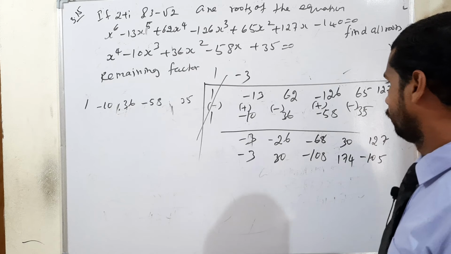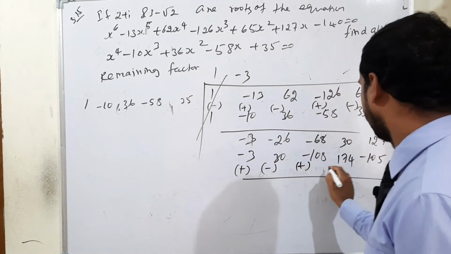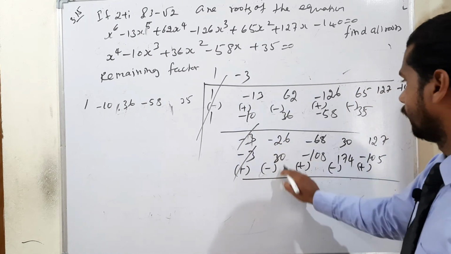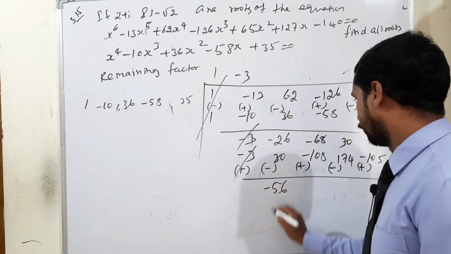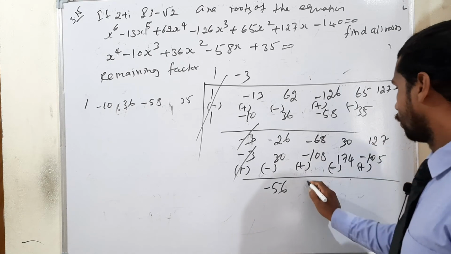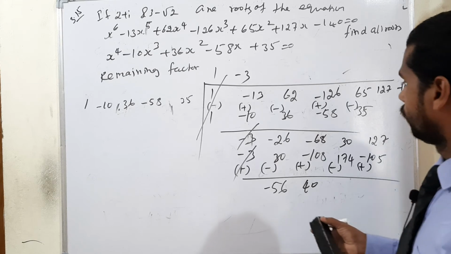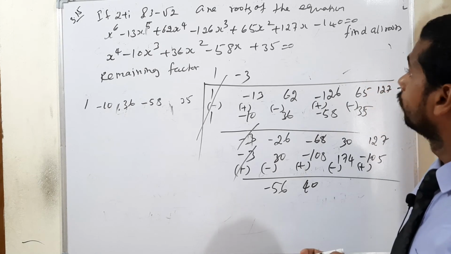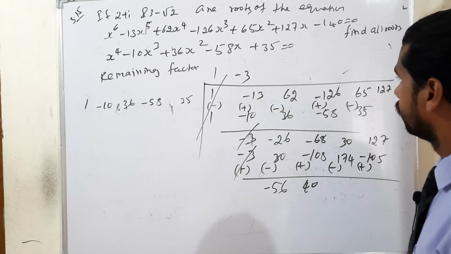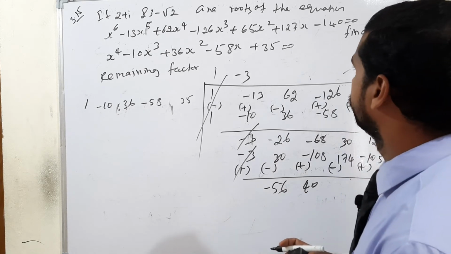So the last condition: throughout the signs change, plus, minus, plus, minus. Minus 3 plus 3 cancel, minus 126, minus 30, so minus 56. Next condition, minus 68, positive 108, so only 40 will come.